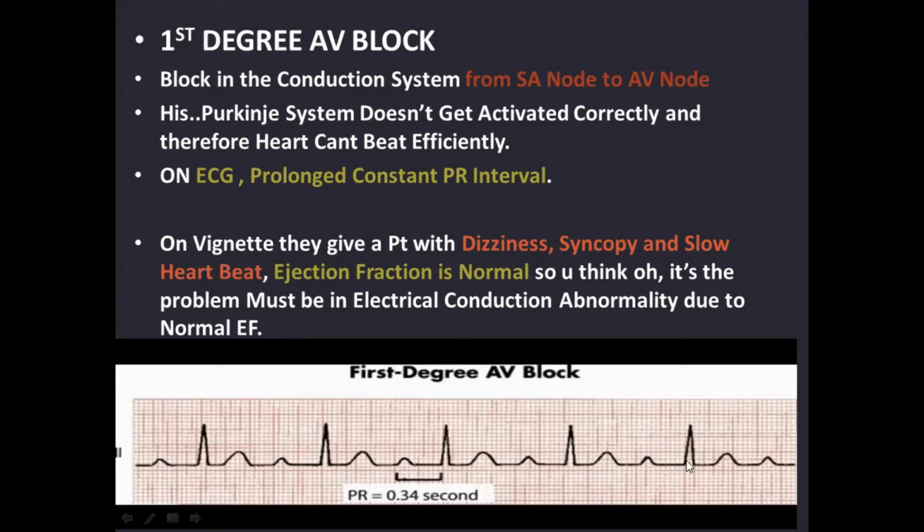In all the beats, and you see in this ECG that they are covering 3 big boxes, like 1, 2, and 3. And I have said that in a normal ECG, your PR interval would never be longer than 1 large box or 5 small boxes. And in this case, it's covering 3 large boxes. So ultimately, it's a case of a prolonged PR interval, but the rhythm is regular, so we will go for first degree AV block.